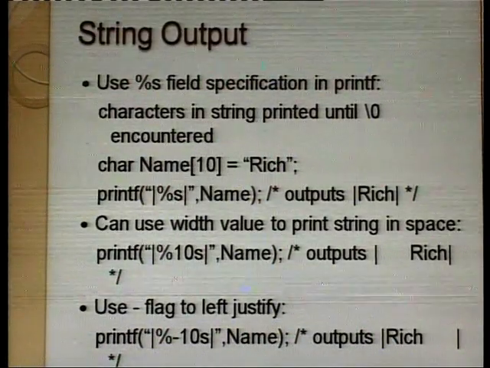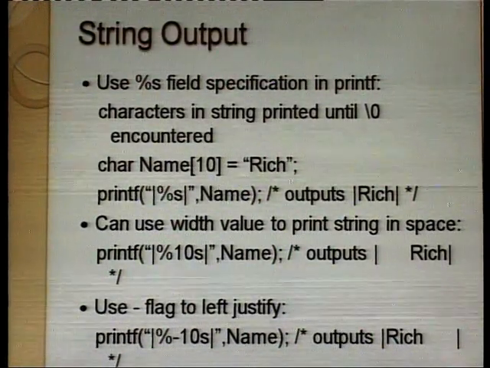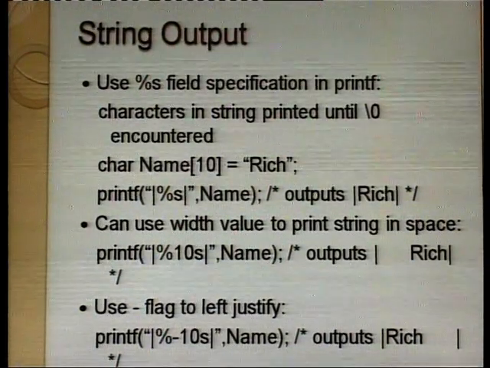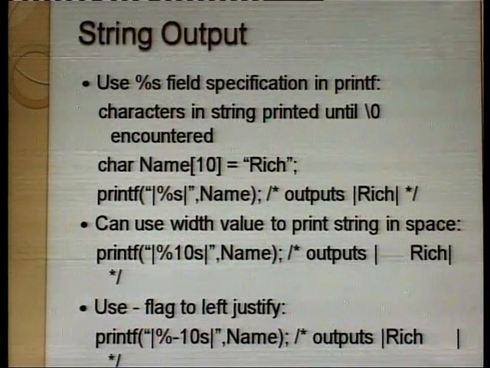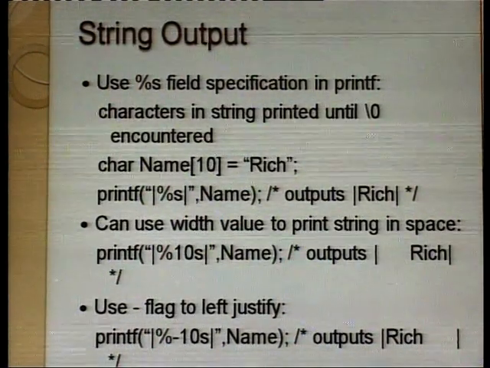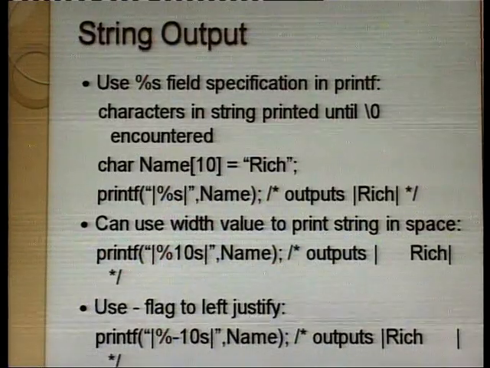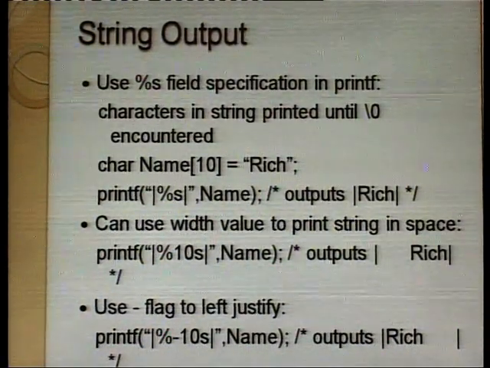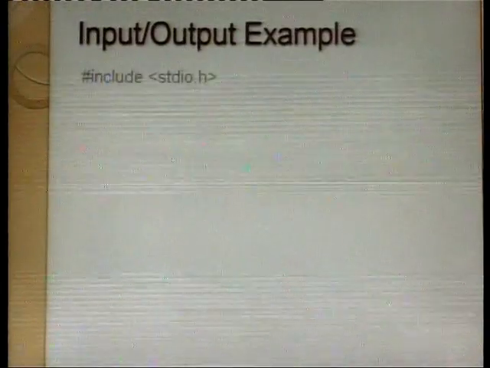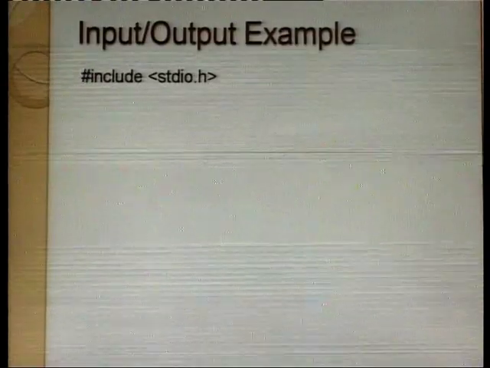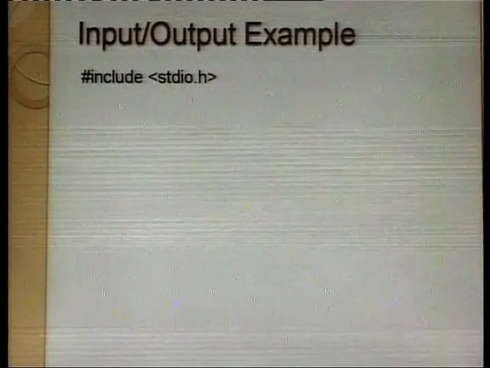The next one is to use a flag to left justify. If we want to show the string on the left of the screen, we use the left justify flag, otherwise right. So here printf("%-10s", name), the output is rich, at the left of the screen.